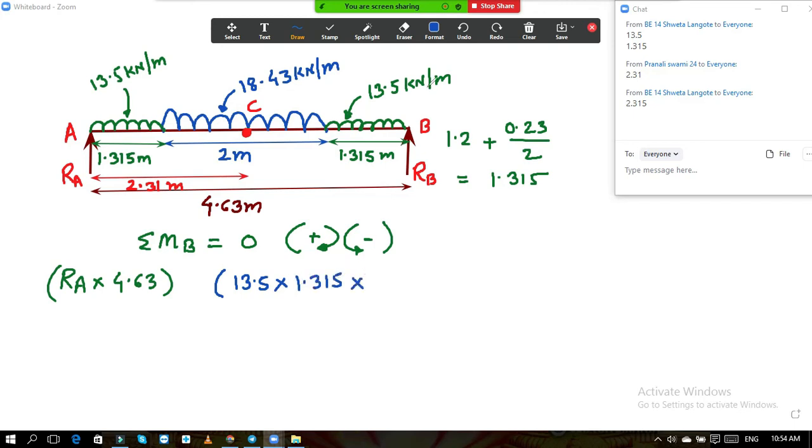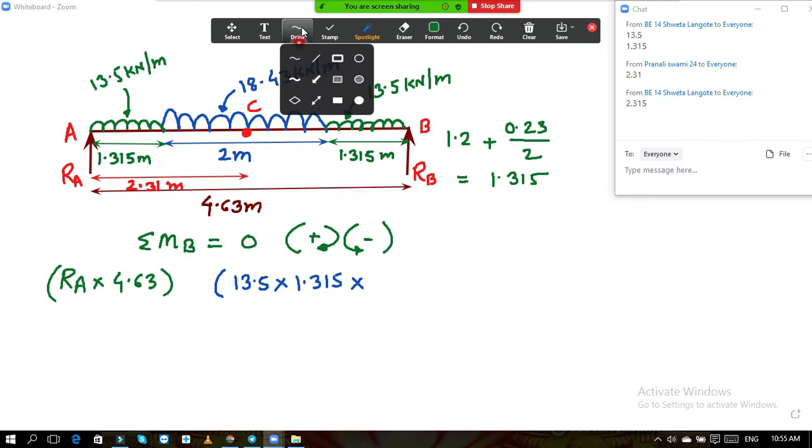This is the conversion of UDL into the point load. This is not a moment. You remember this. And now where will this point load act? This point load will act at the center of this span.